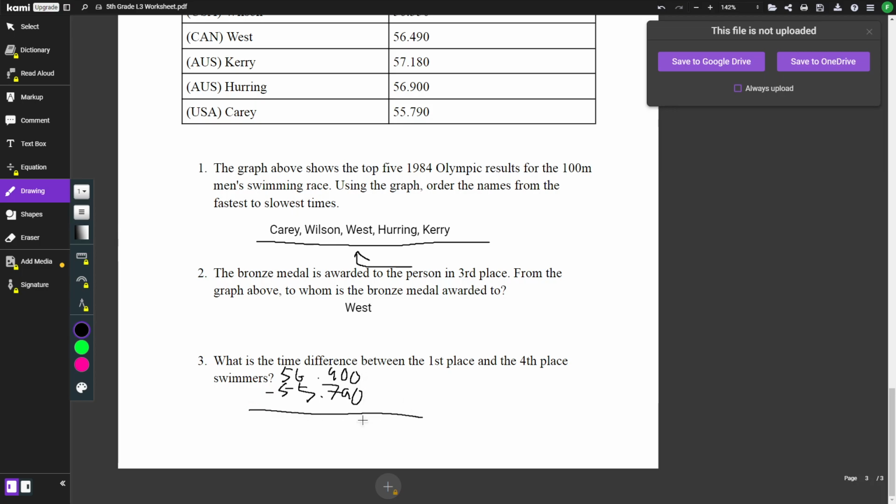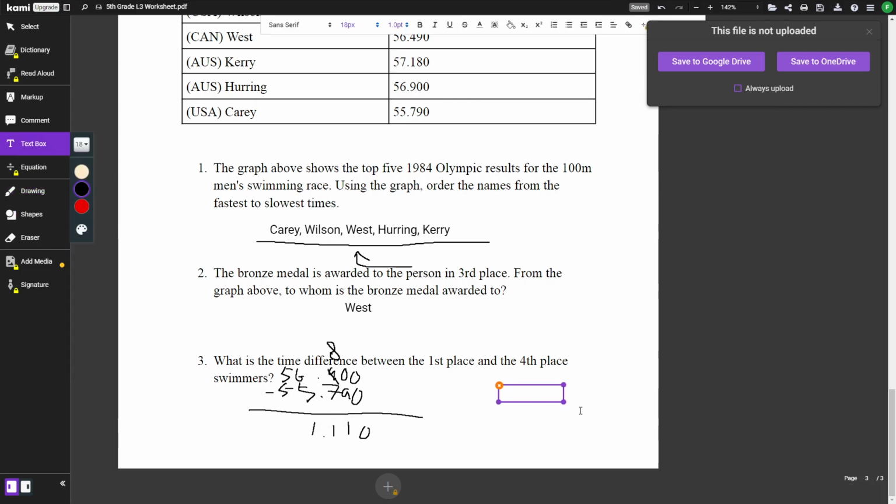All you need to do is subtract the times. 0, take 1, 1. This is now 8, so it's 1. 1, put a period there, and our final answer would be 1.110. We don't need the 0, and we say 1.11 seconds.